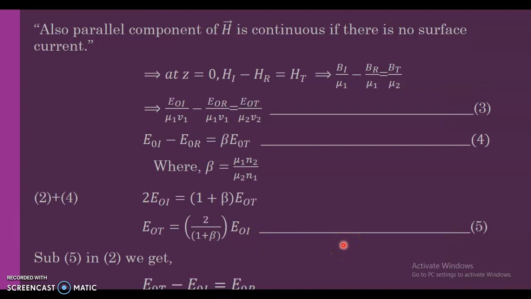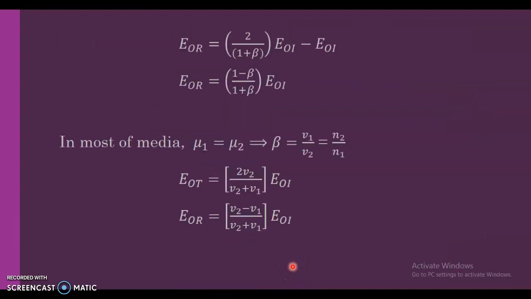Now substituting equation 5 in equation 2, we will get E0t minus E0i is equal to E0r. Let it be explained in detail. We just rearrange the above equation in terms of E0r, that is E0r is equal to 2 by (1 plus beta) E0i minus E0i.